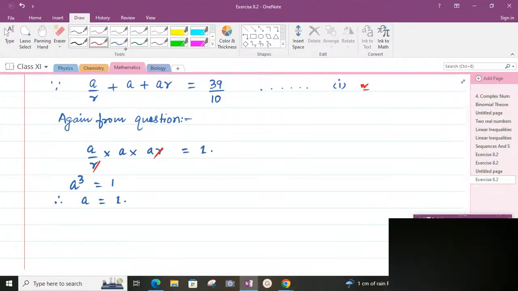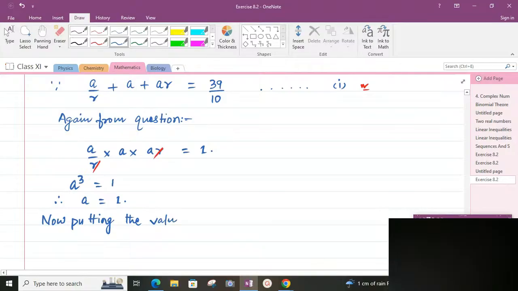Now putting the value of a in equation number 1.